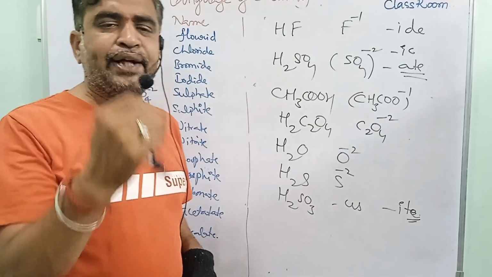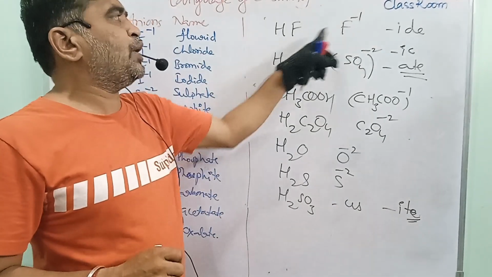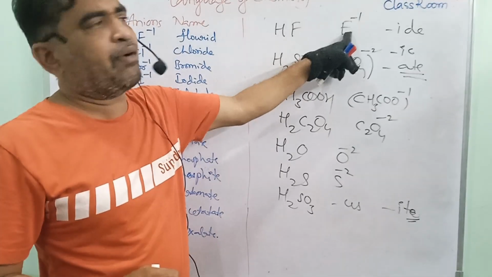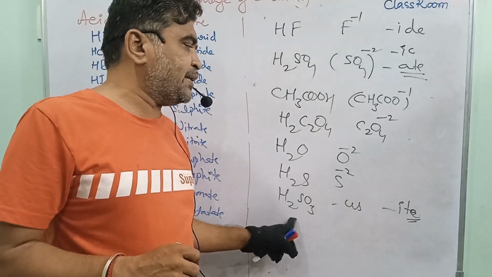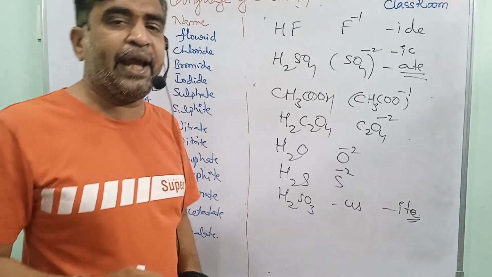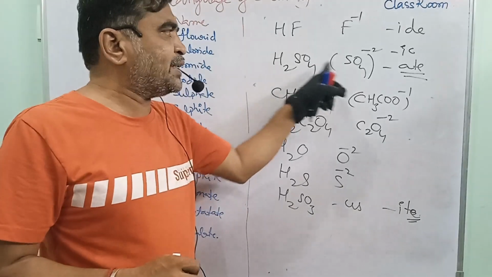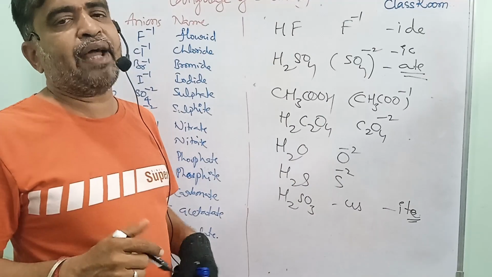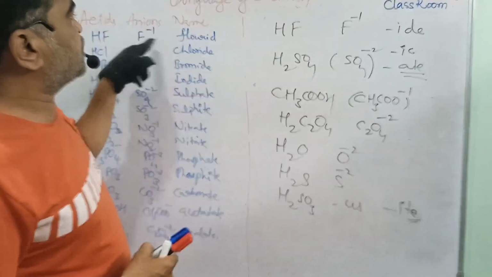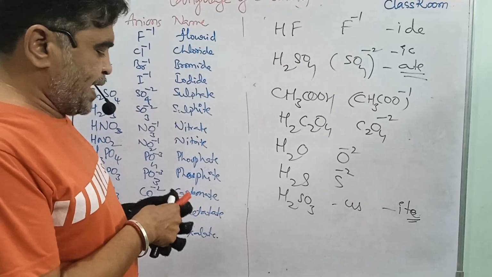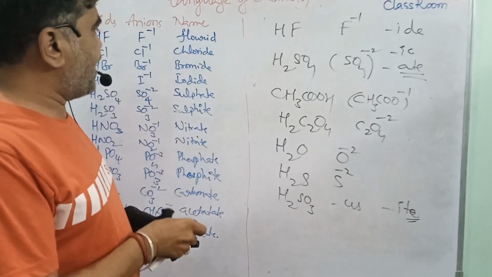So here we are getting three types of anions. If only one element is forming the anion, that anion is an ide ion. If the acid is ic, the anion is an ate ion. Like that the anions are formed. So here you see some anions we have. F minus 1 is fluoride, then chloride, bromide, iodide.